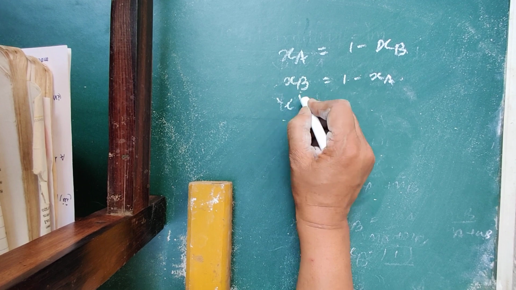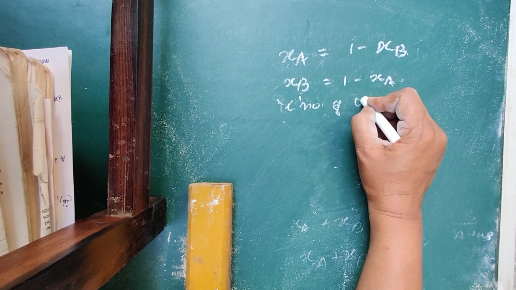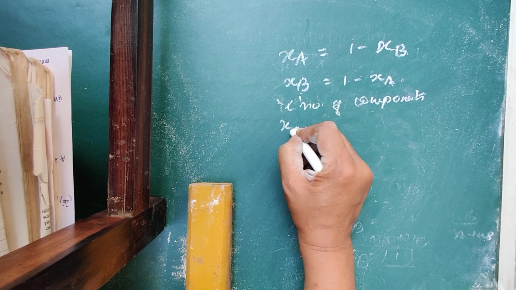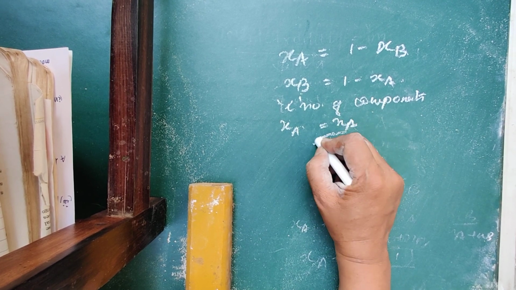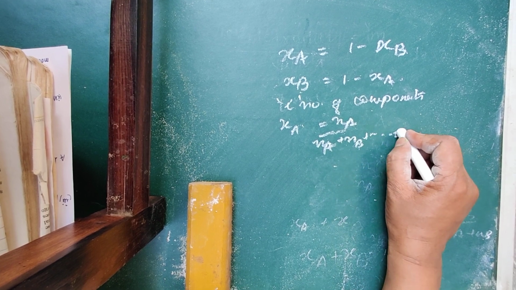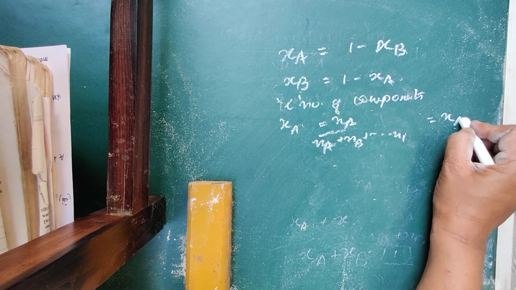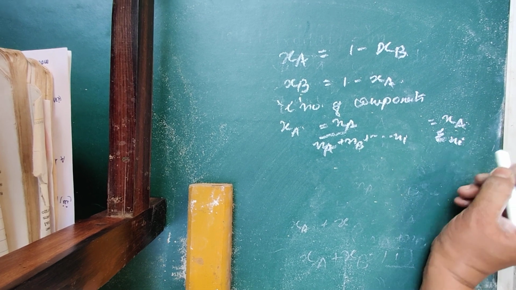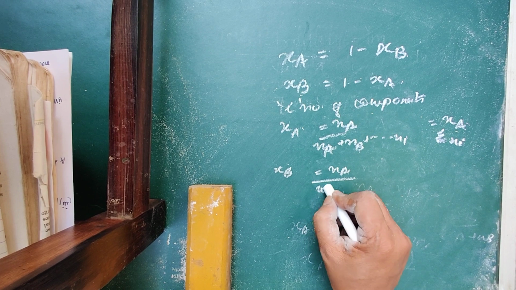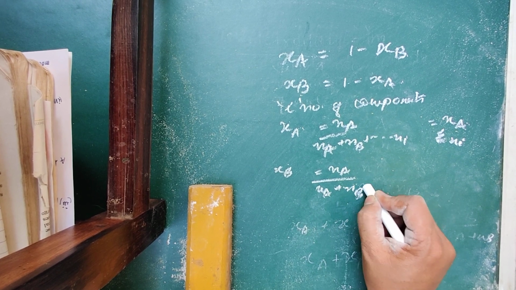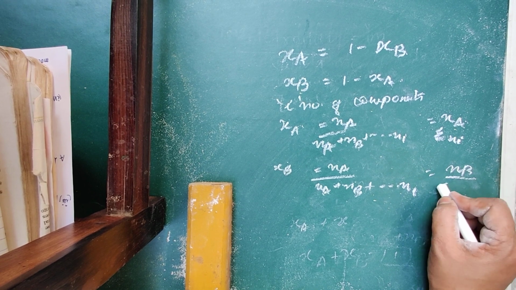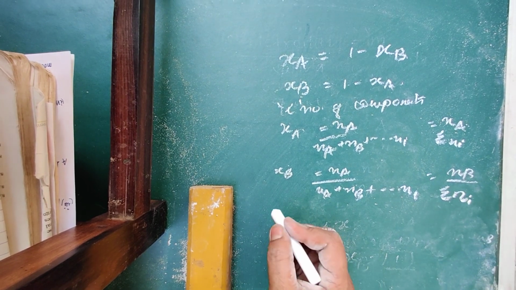Suppose we have i number of components, so XA will be Na upon Na plus Nb plus so on up to Ni, or you can write Na upon summation Ni. Similarly for XB, it will be Nb upon summation Ni.